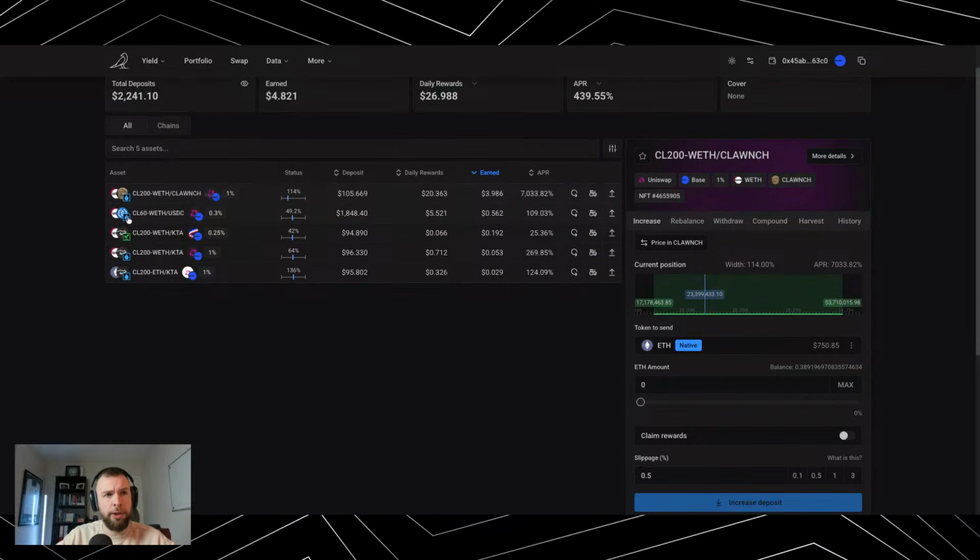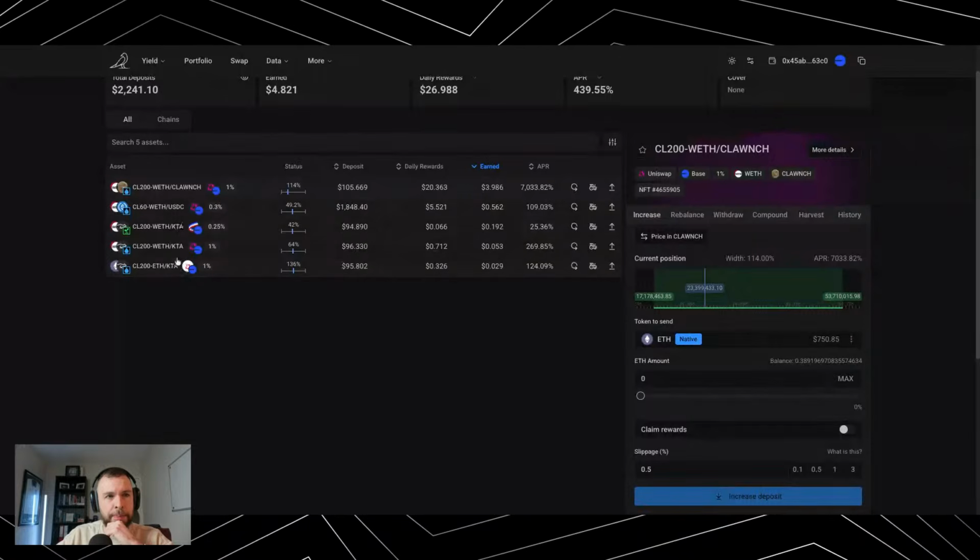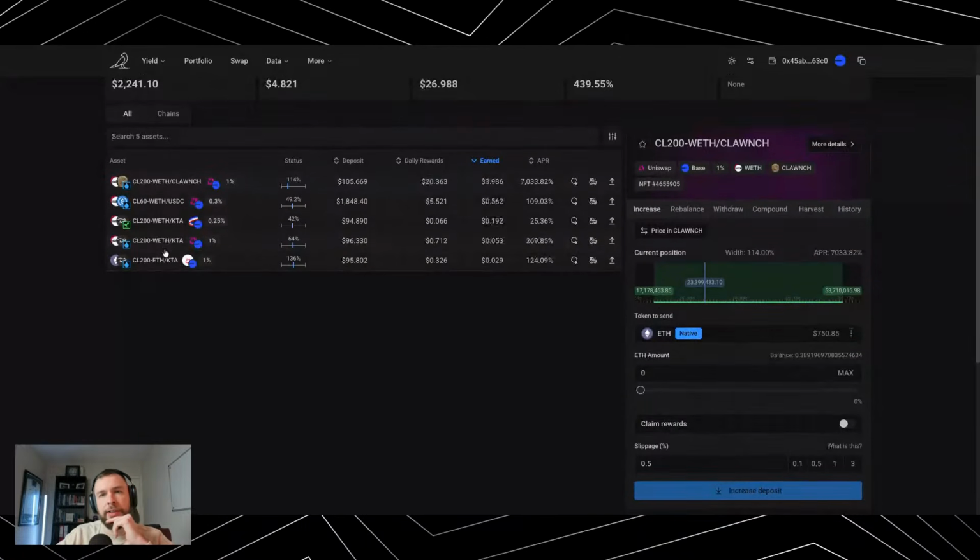I've got the more that I've added to this ETH USDC pool, so I'm going to keep topping that up. And then we've got the 3 ETH and Kita pools here. So we've got Farm and 2 others, Native ETH and Wrapped ETH. And like I said, this one that says 25% is actually running at 64, and these are actually running lower just because of the average.